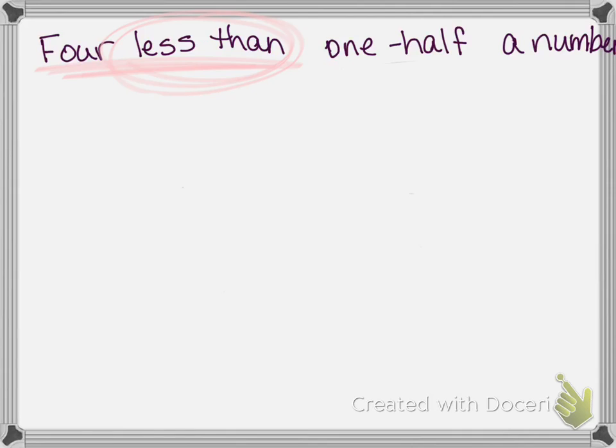Less than. So I've got 4 less than 1/2 a number. Okay? 4 less than. So we know that the word 4 is going to be the number 4. Less than is subtraction.